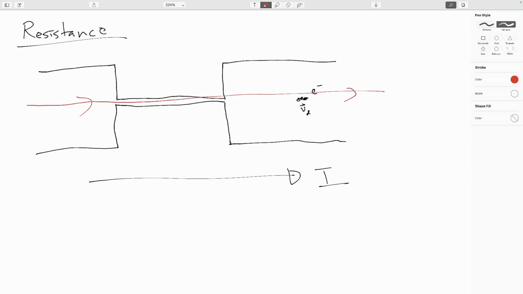So the electron, because it's negatively charged, will feel an electric force over to the left, like so. And the reason why the electron doesn't keep picking up speed forever is that it'll keep colliding with partially shielded nuclei in the wire.